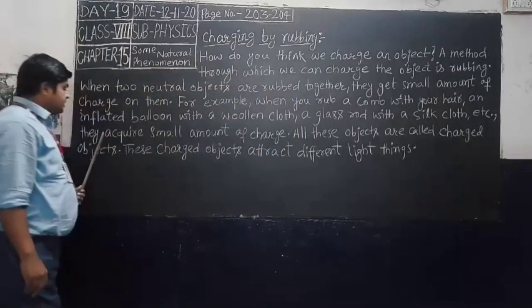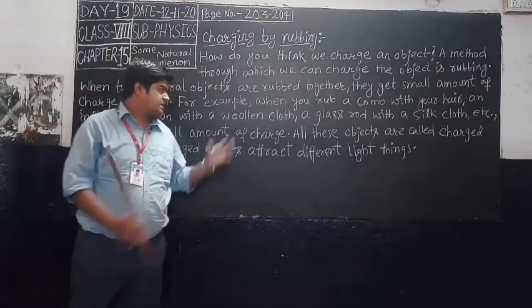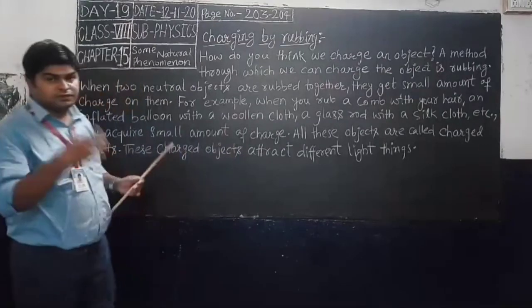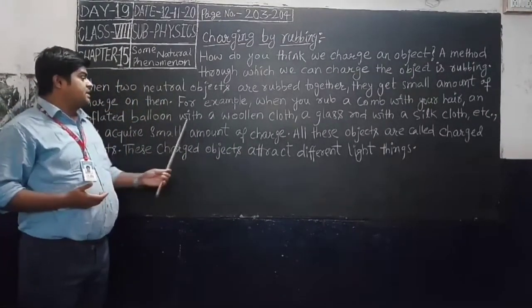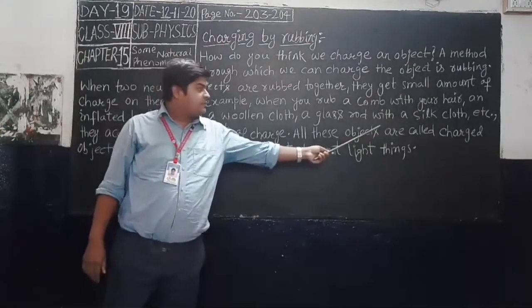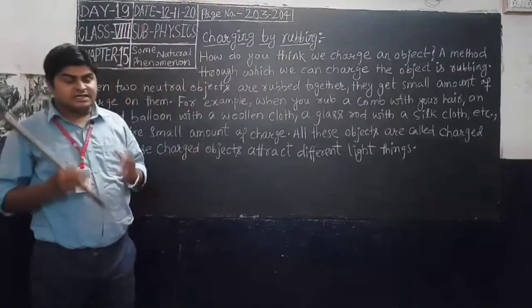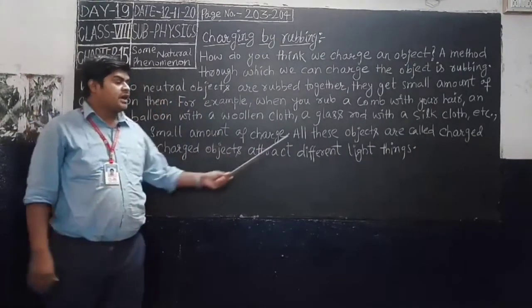They acquire a small amount of charge. That means in these examples, when you rub a comb with your hair, or an inflated balloon with a woolen cloth, or a glass rod with a silk cloth, some charge is produced in both objects.